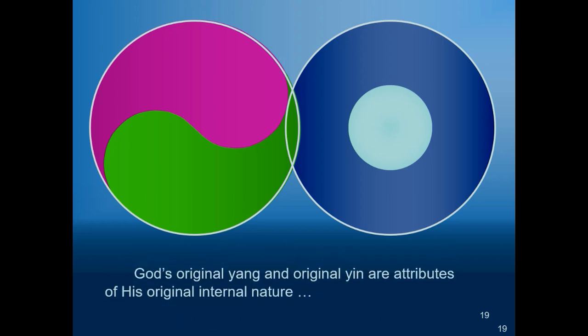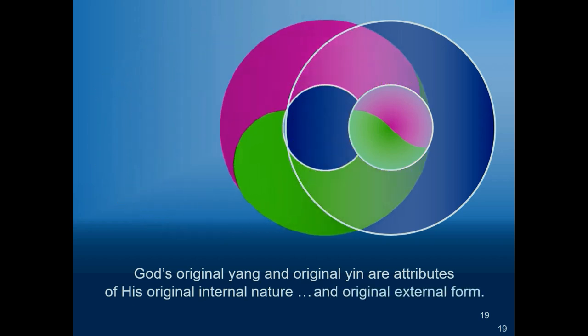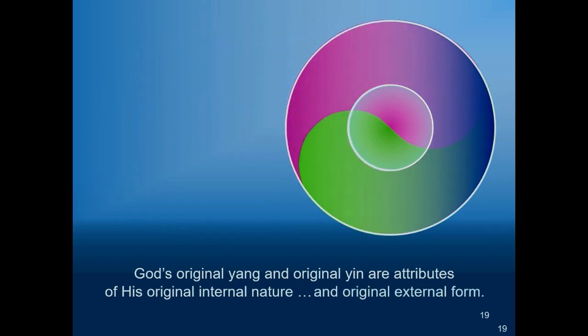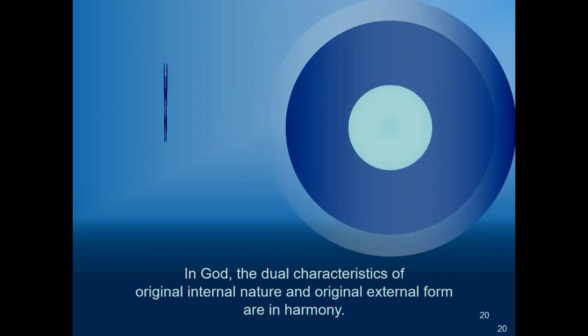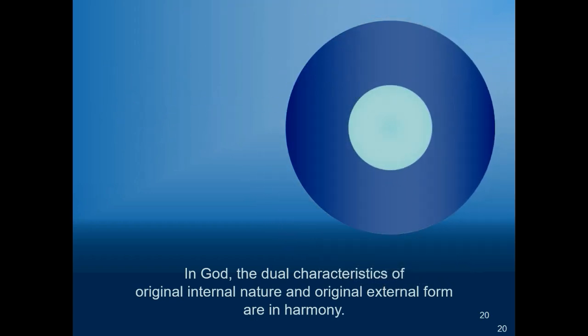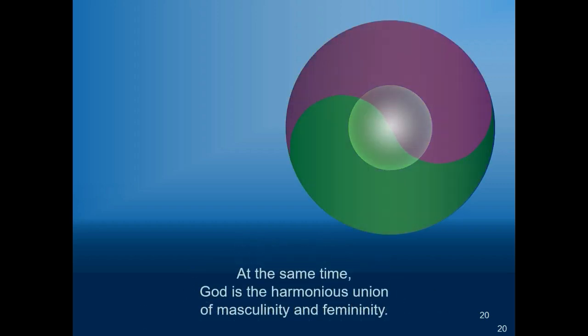God's original yang and original yin are attributes of his original internal nature and original external form. In God, the dual characteristics of original internal nature and original external form are in harmony. At the same time, God is the harmonious union of masculinity and femininity.